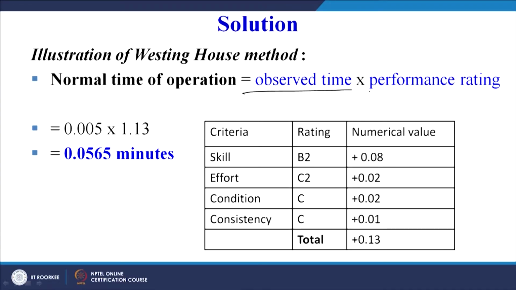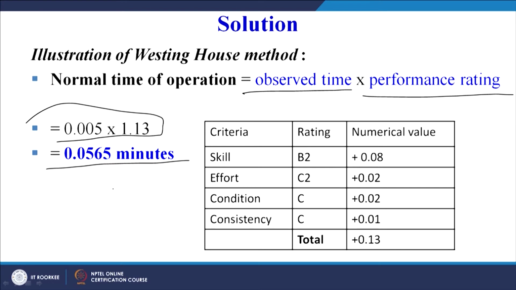So this is the normal time: the observed time multiplied by the performance rating, 0.005 times 1.13, and this is 0.056 minutes. So here we can calculate the normal time based on the observed time, which we can get from direct measurement or sometimes from the PMTS system also. That time we multiply with the rating factor.